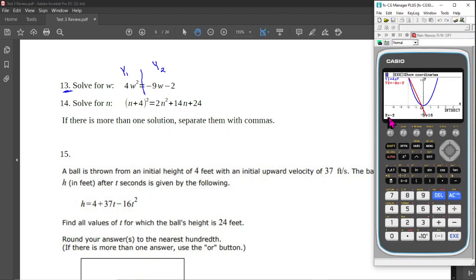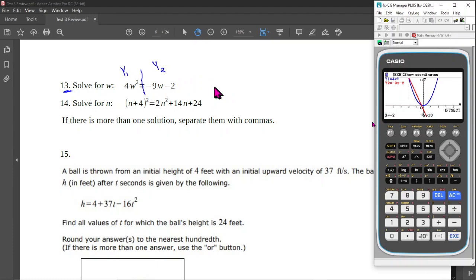Now it's telling us one is at -2, 16. That's why we can't quite see it. It's right off the graph. But watch, if we hit the right arrow, it'll go to the next intersection because we can see that one. So it's finding us this one, -2, 16. So x equals -2 is a place where we get an intersection.